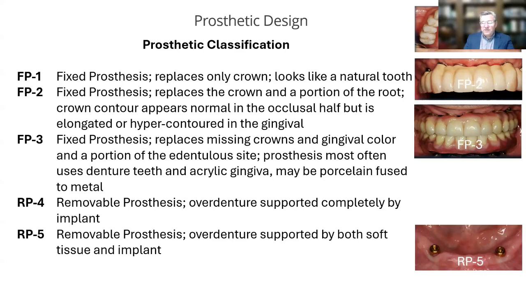FP3, fixed prosthesis, replacing missing crowns and gingival color and a portion of the edentulous site. So now we're coloring with pink. This is your typical hybrid that you see, the all-on-4, the all-on-X. The prosthesis most often uses denture teeth or acrylic gingiva. But we're using more zirconia now, and porcelain fused metal, well, porcelain fused metal, not so much.